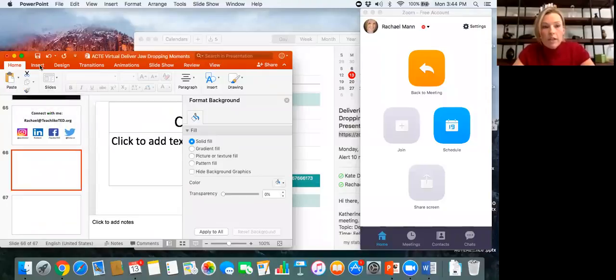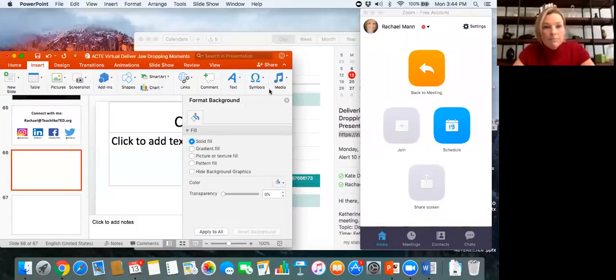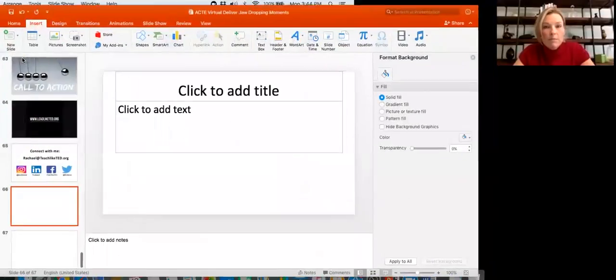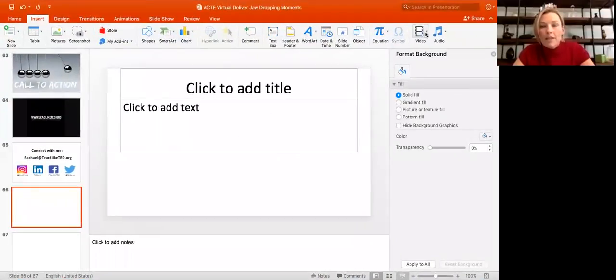And once you have your slide, go into Insert. I'm going to switch to full screen real quick. And then go to Video.